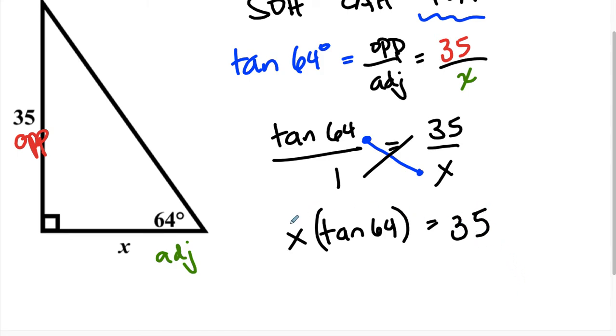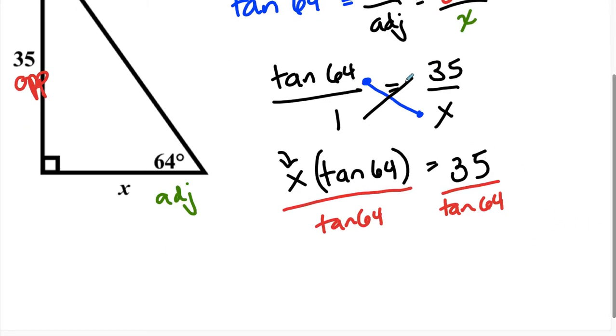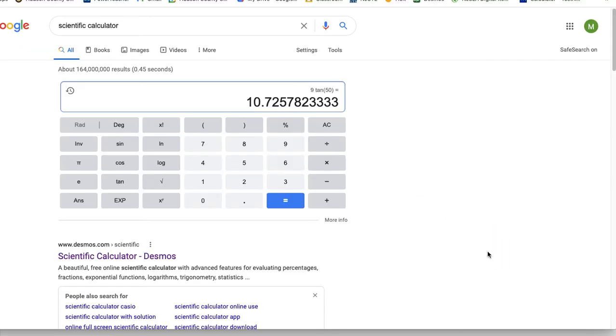So at this point, to get x by itself, we would divide by tangent 64, which is just a decimal. Here's what we're going to enter in the calculator. We're going to take 35 and divide it by tangent of 64.